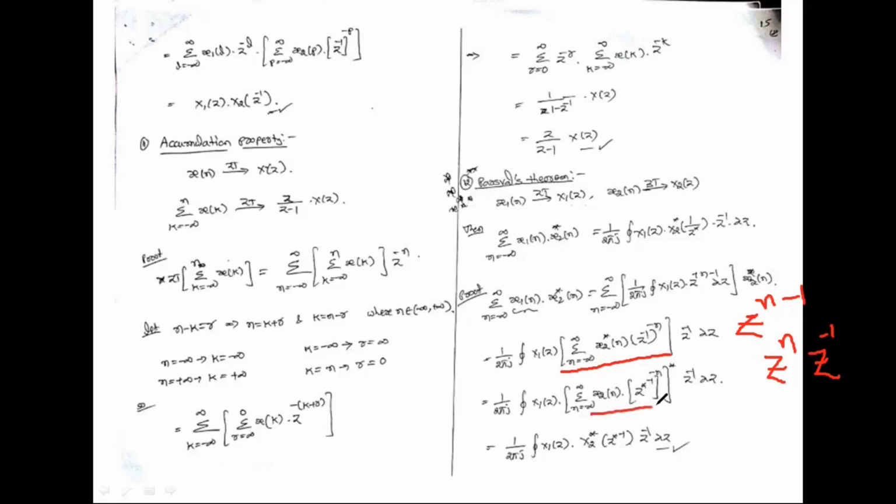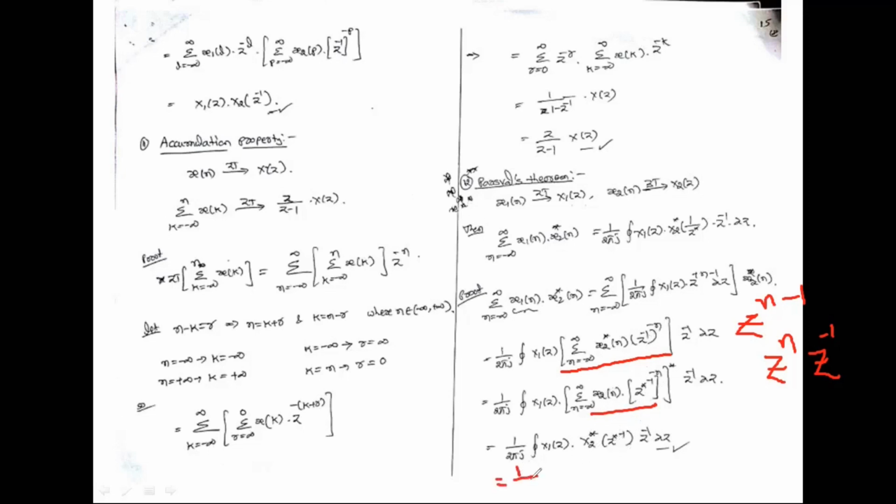The two properties you can use here: one is the time reversal property, as a Z inverse we will get, and the conjugate property. So it becomes x2 star of Z star inverse, or otherwise 1 by Z star.